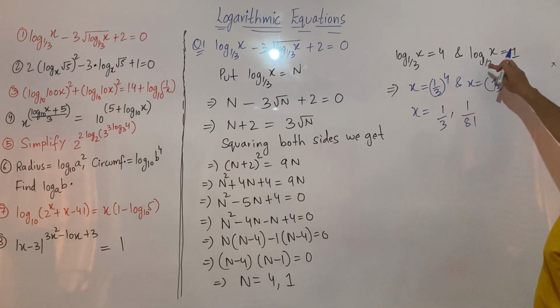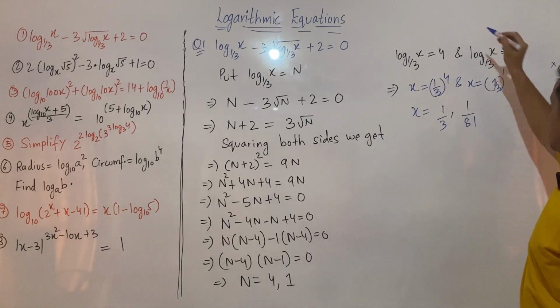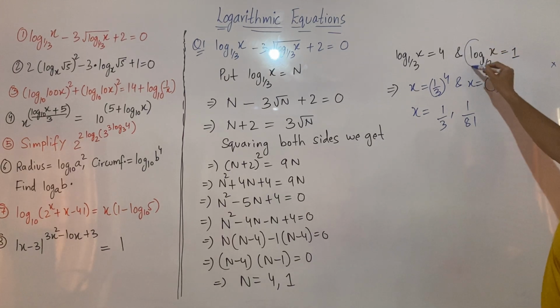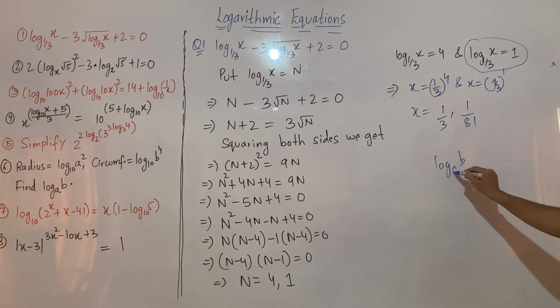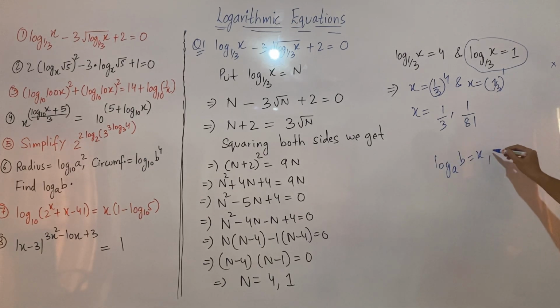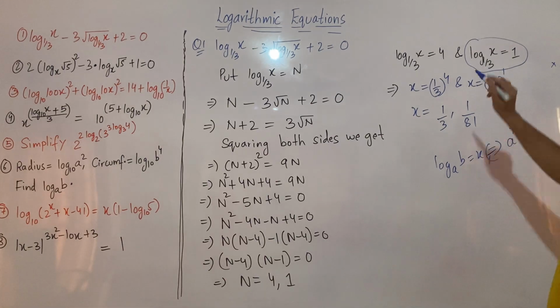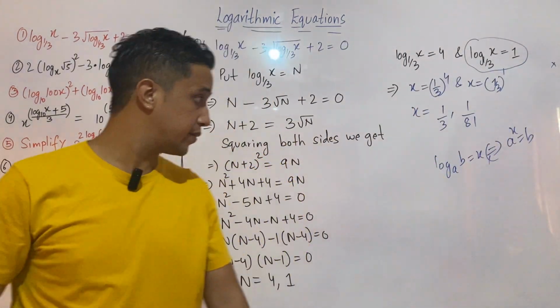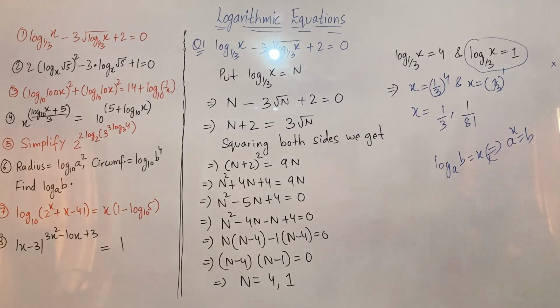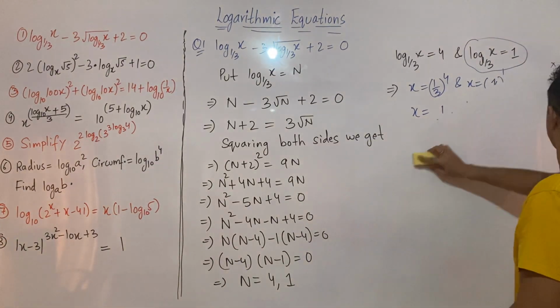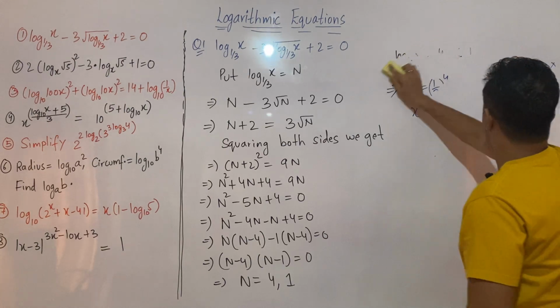Okay, because see here how I did it. This is log of b to the base a equals x. So it implies a^x = b. So I just made use of the same thing here, right? Okay, now that's how you have to do it. Now let's move to the next one.